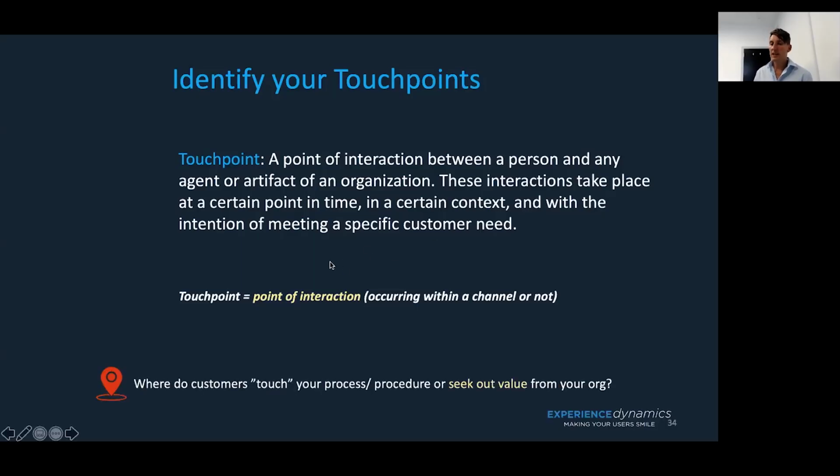So just to be clear, the touch point is that need, if you will, coming forward, and then meeting your organization, maybe in a channel, or maybe not. It could be a channel or not. So where do they look for value? Where are our users looking for value is the key question that you want to be asking.